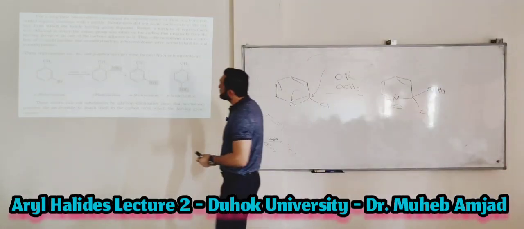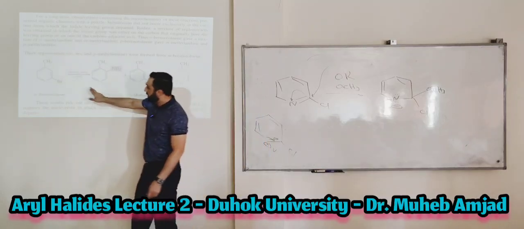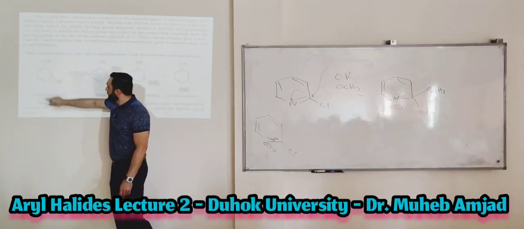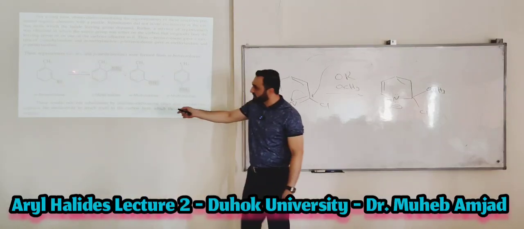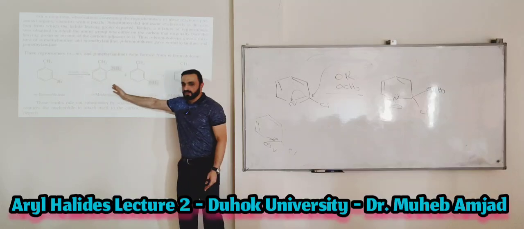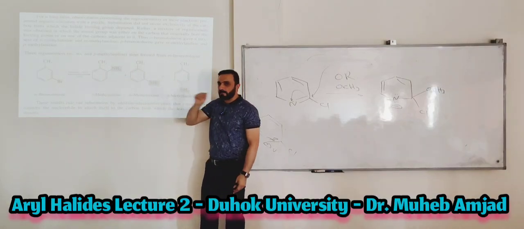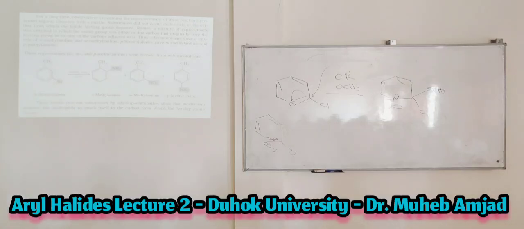If you take this starting material, meta-bromotoluene, and react it with NaNH2, it gives you three isomers. How can these isomers be formed by any mechanism?